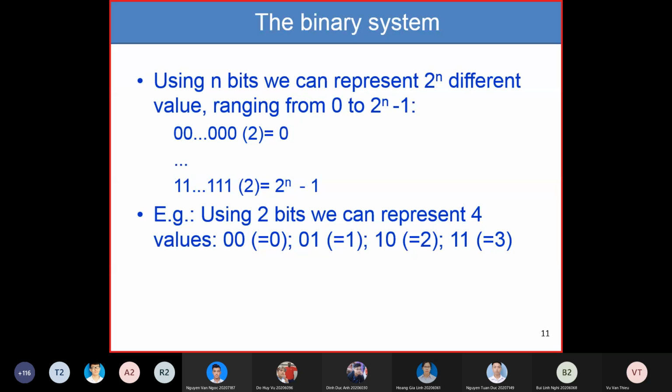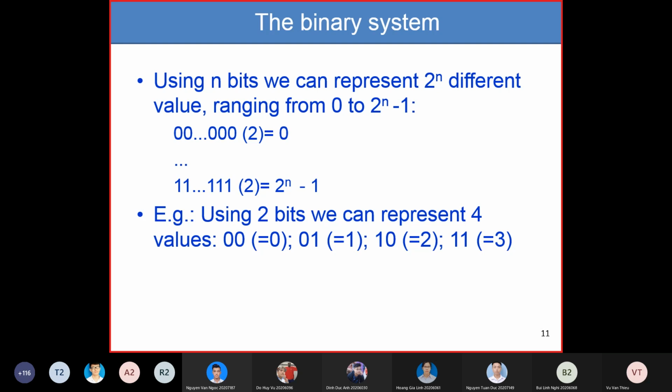And they are: the first number is 000, the second one 001, then 010, 011.